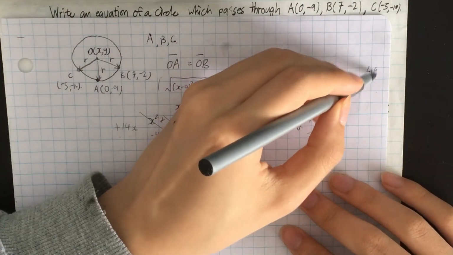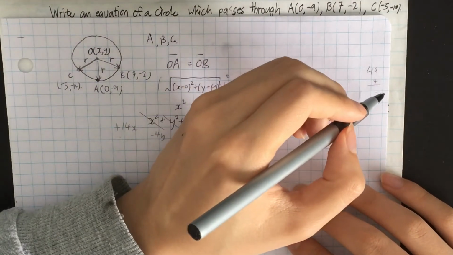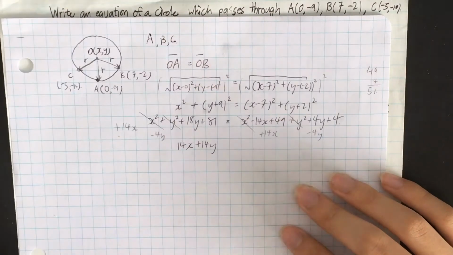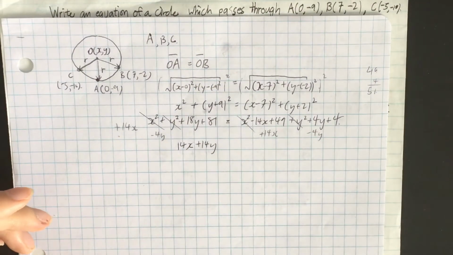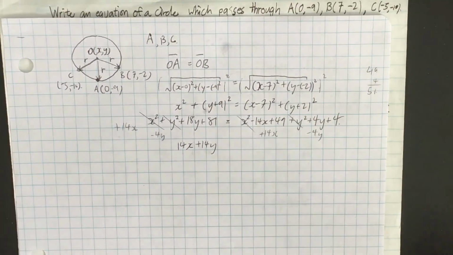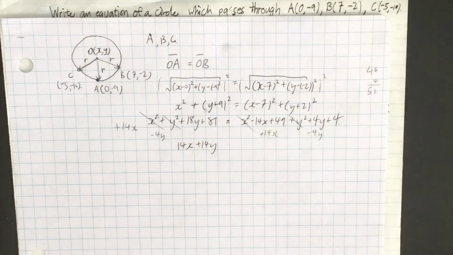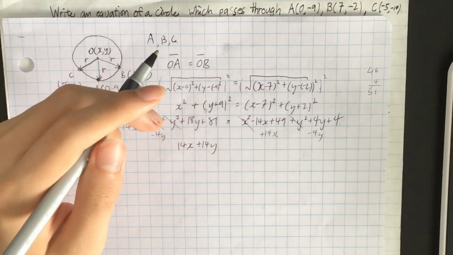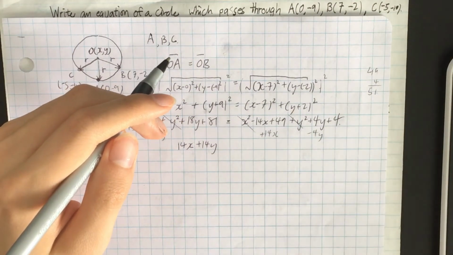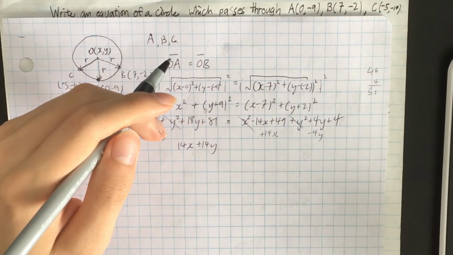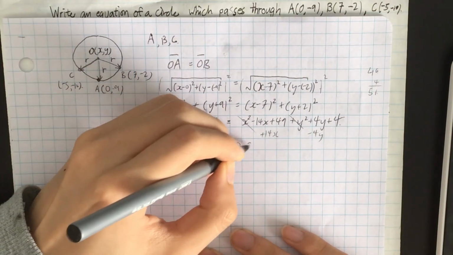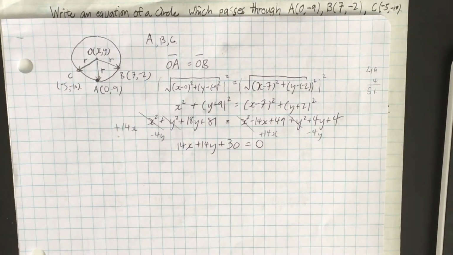So 49 plus 9, that's going to be 51. So essentially we have put everything on one side to make everything look better.